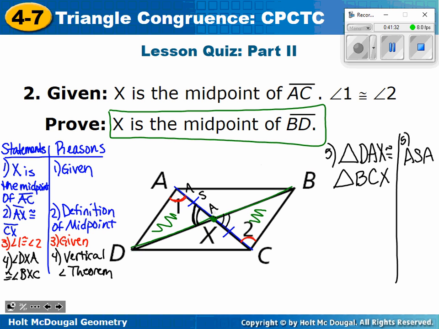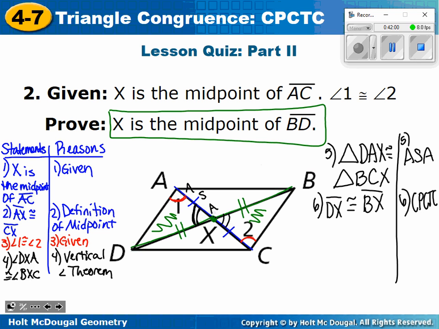And if the 2 triangles are congruent, so now what parts did we need to be congruent to prove that X is the midpoint of BD? DX and BX. So then you're going to write DX is congruent to BX. And how did we know that? Okay, that's the new thing today. CPCTC, because now that the triangles are congruent, their corresponding parts are congruent.